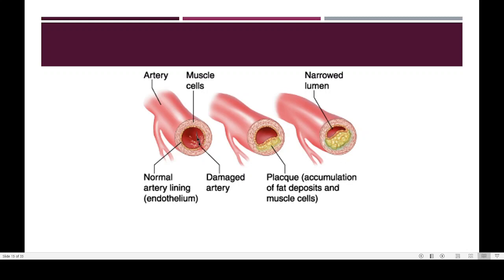Plaque is actually cholesterol or a fatty particle deposited on the inner wall of your blood vessel, and plaque formation reduces the lumen. Lumen means the opening or cavity, so the diameter of the blood vessel cavity is narrowed.